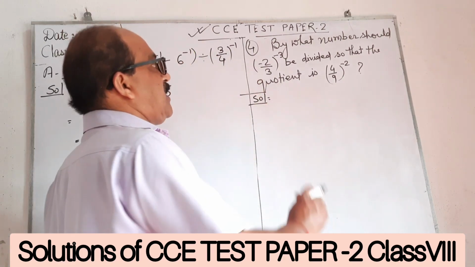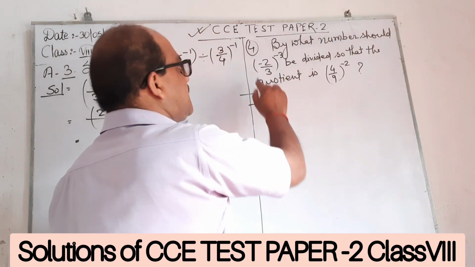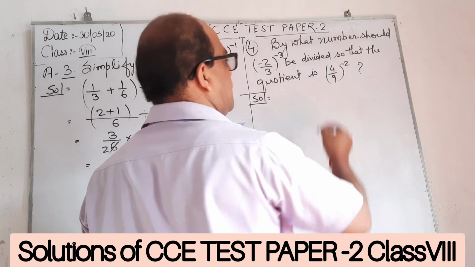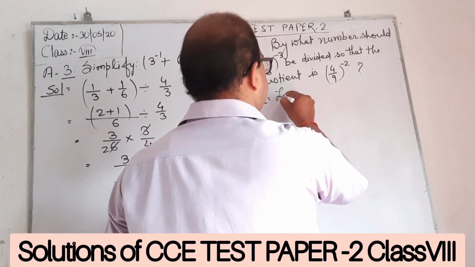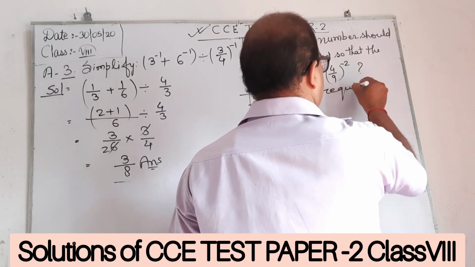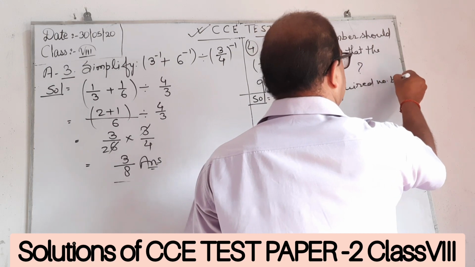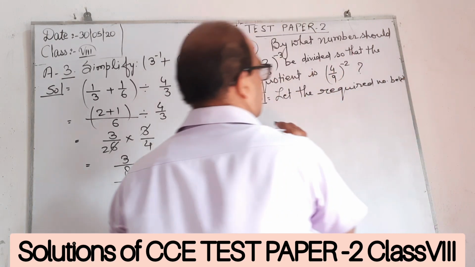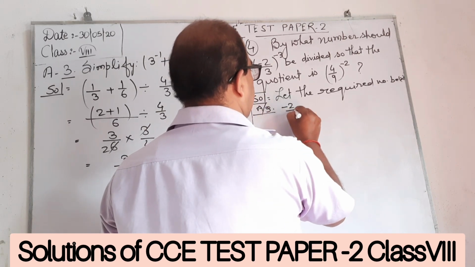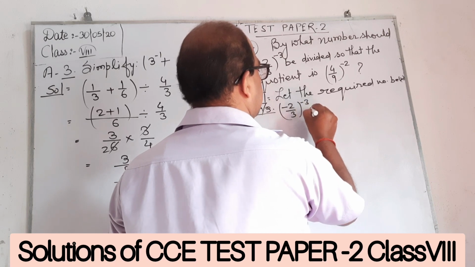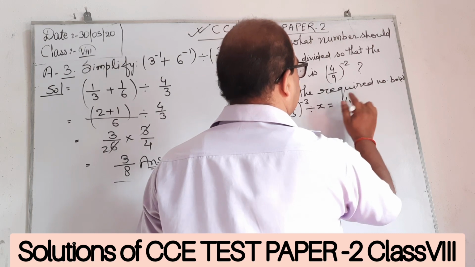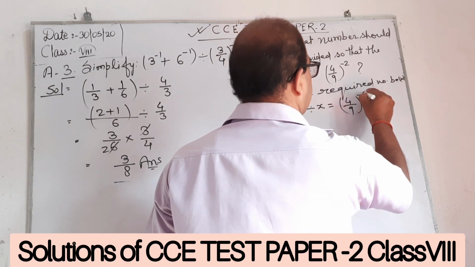In question number 4, by what number should minus 2 by 3 to the power minus 3 be divided so that the quotient is 4 by 9 to the power minus 2? Here, let the required number be x. So, according to the question, minus 2 by 3 to the power minus 3 divided by x is equal to 4 by 9 to the power minus 2.